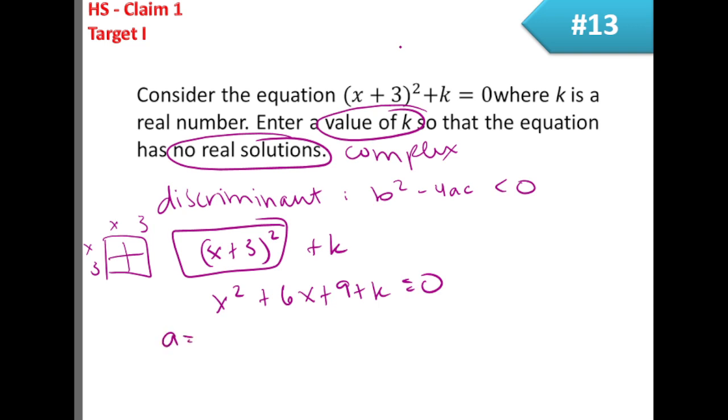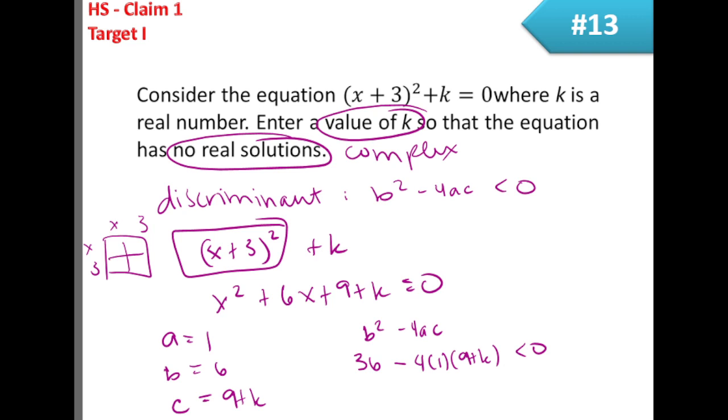So this is a equals 1, b equals 6, c is equal to 9 plus k. All right, now let's plug it in. So we have b squared minus 4ac. B squared is 36 minus 4 times 1 times 9 plus k less than 0.